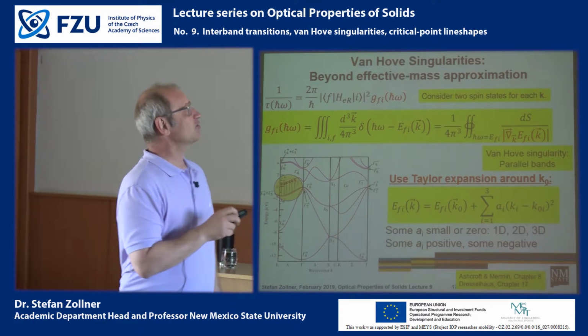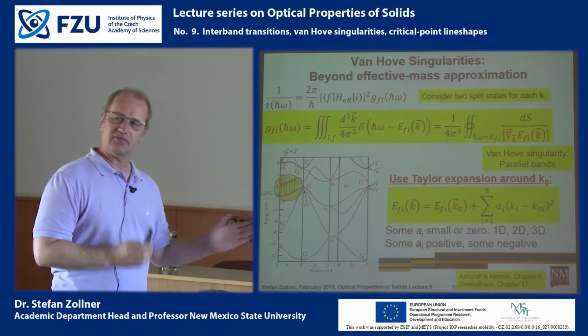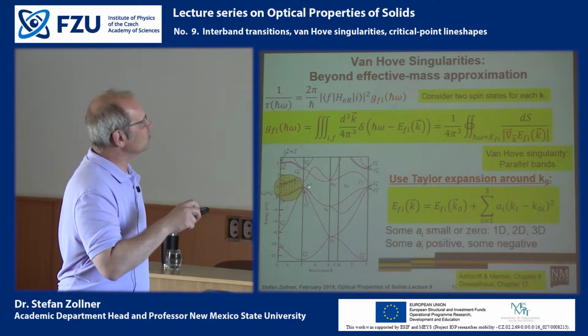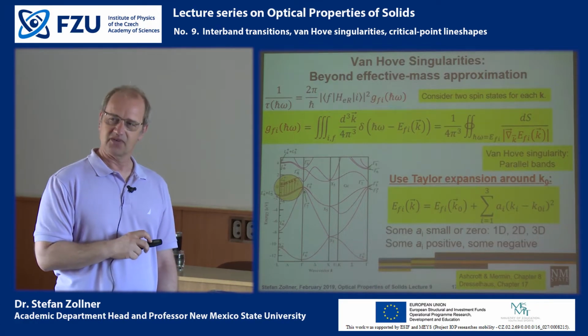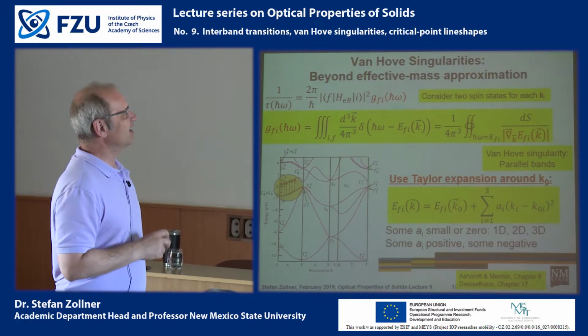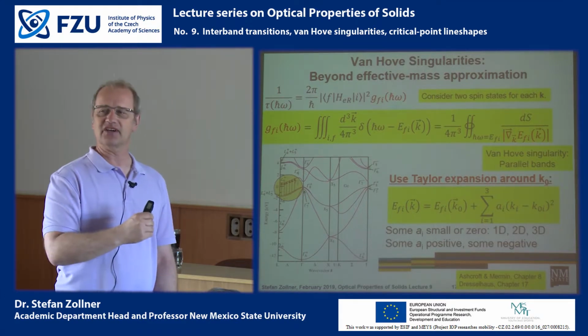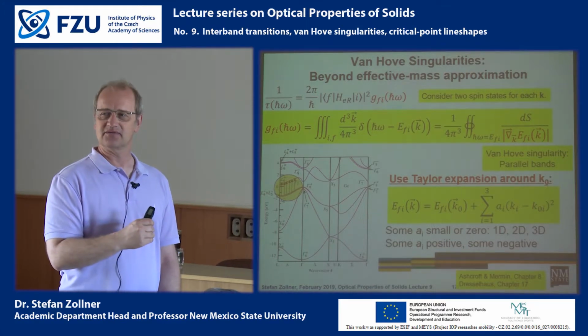If the energy of the photon is between the indirect gap and the direct gap, in that case, only indirect transitions are possible, right? If the energy of the photon becomes larger than the direct gap, direct transitions are also possible.